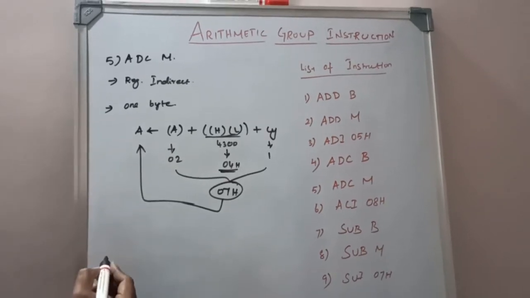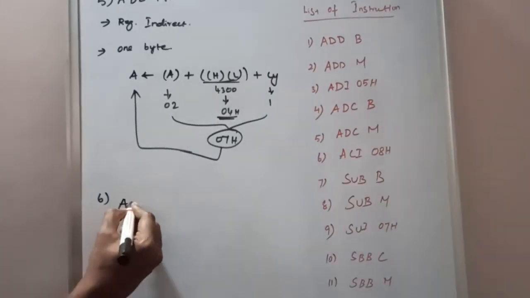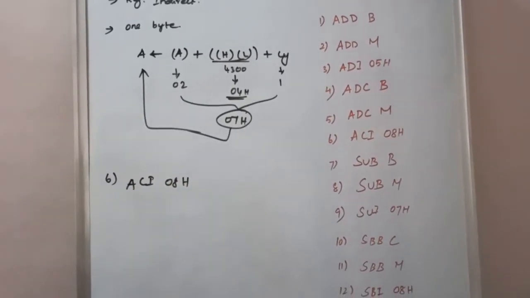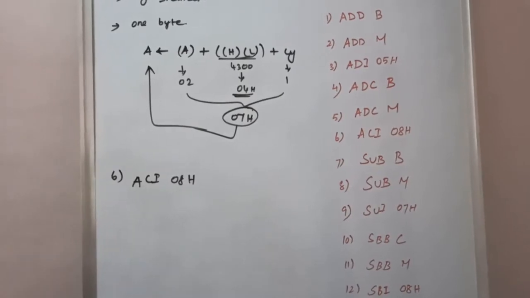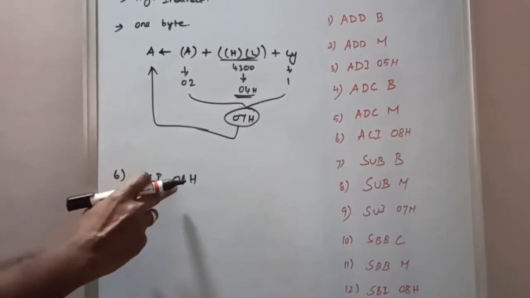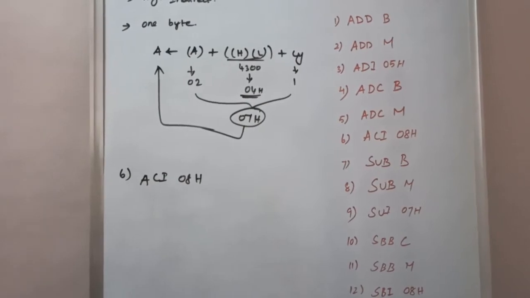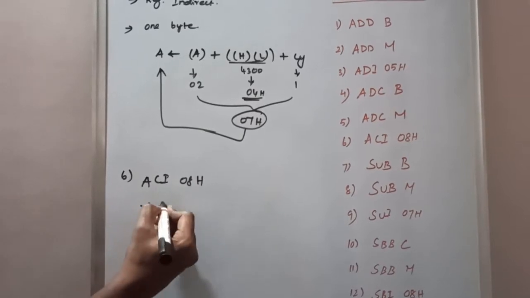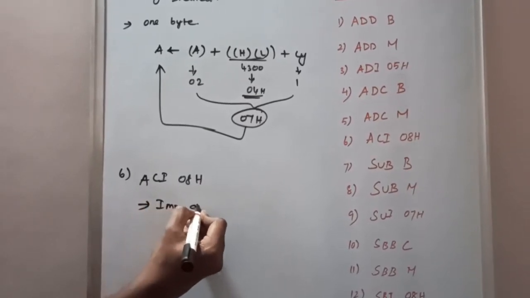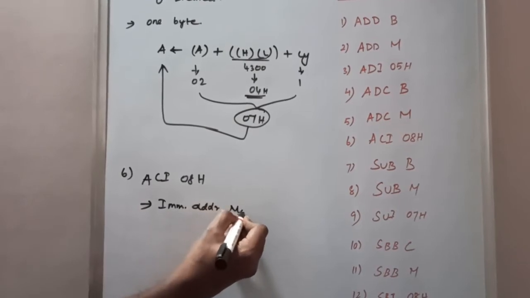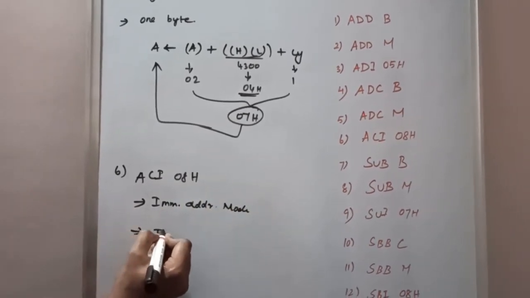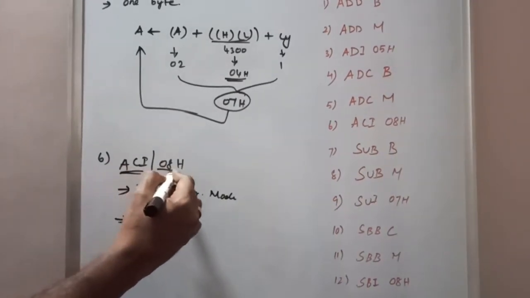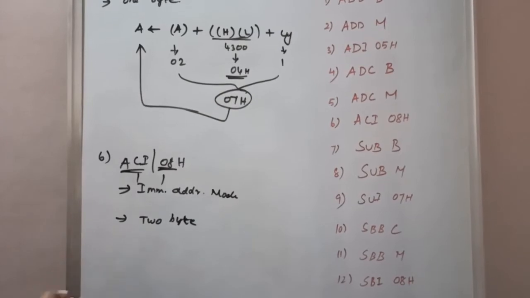The next instruction, ACI 08H. In this instruction, we add the accumulator content with the immediate data 08H. Here also you consider the carry bit. The type of addressing mode is immediate addressing mode, and it is a 2 byte instruction, because one opcode and one operand are present, so 1 plus 1, 2 bytes.